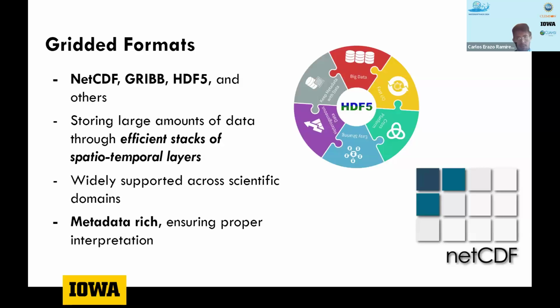And the gridded formats that we were talking about before: NetCDF, HDF5. I know there are many others. Those are the ones I wanted to cover today. We have storing of large amounts of data through an efficient stack of spatial, temporal layers. So in here, for the figure of HDF5, you keep metadata with the data.